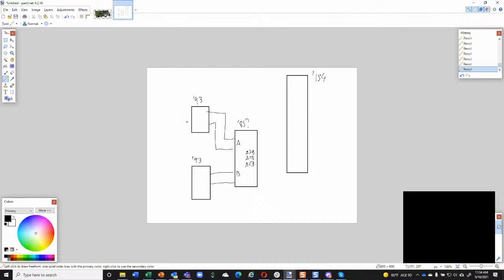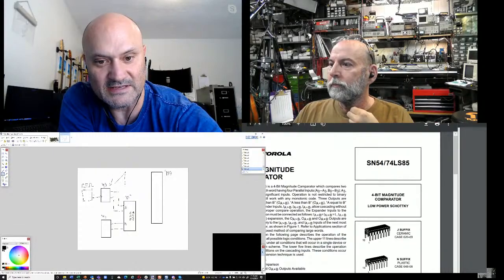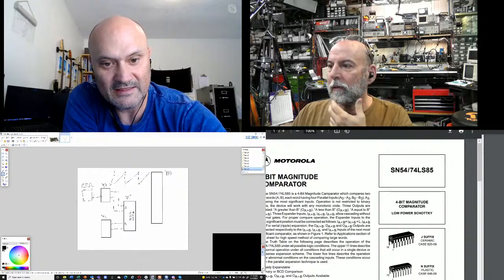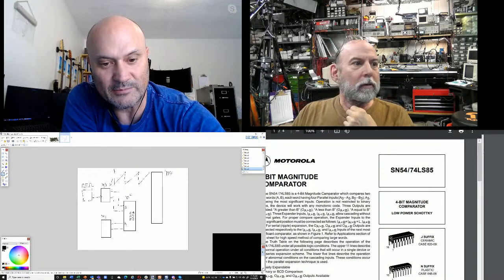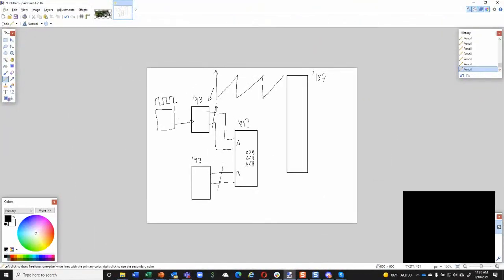All right, and so here I have some sort of clock, like a 555 timer. And this counter here generates a ramp, so it just counts up and goes down, counts up and goes down. So if you were to graph the value of the binary output, this is 4 bits, that's 4 bits, that's 4 bits. So it's only 4-bit resolution PWM here. It gives you 16 levels from 0 to 15.